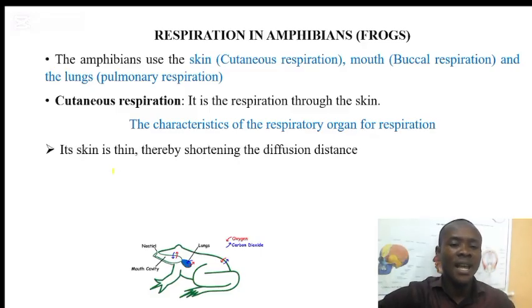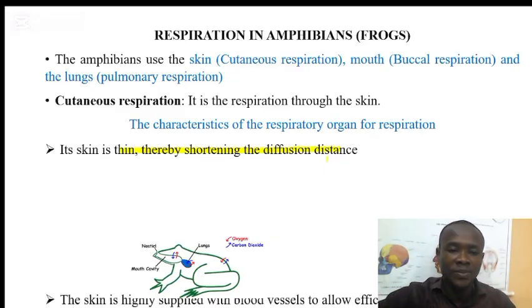The skin is thin, thereby shortening diffusion distance. Mind you, if the skin is thick, it will be difficult for gases to diffuse through it. Therefore, the skin is thin to shorten the distance that these gases have to diffuse in order to get to the blood vessels, which have to transport them to the tissues or the cells where they are needed.